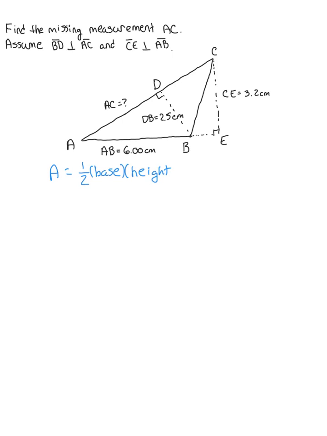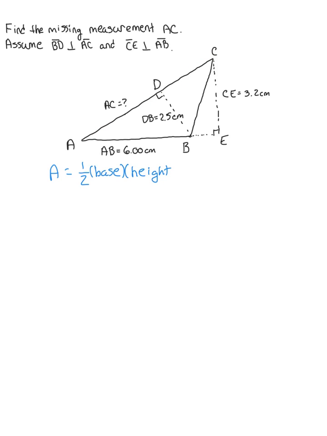So here, looking at this triangle, we know that it has a base of 6 centimeters and a height of 3.2 centimeters. So we could find the area of this triangle, but we're not trying to find the area. We're trying to find the length of this side.